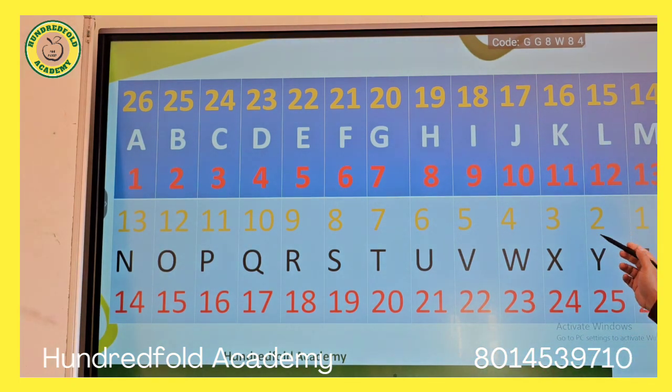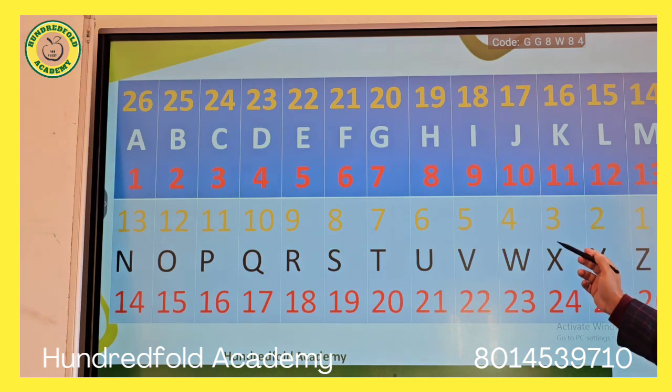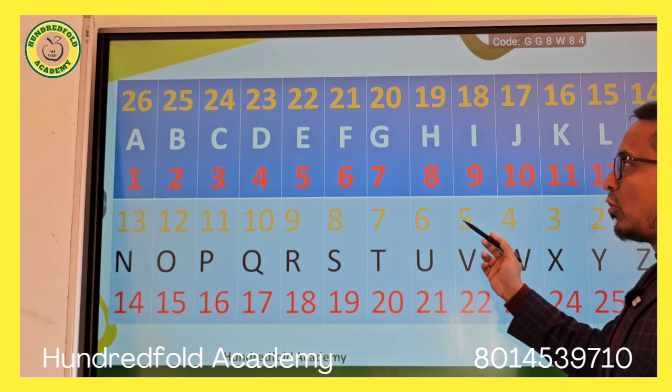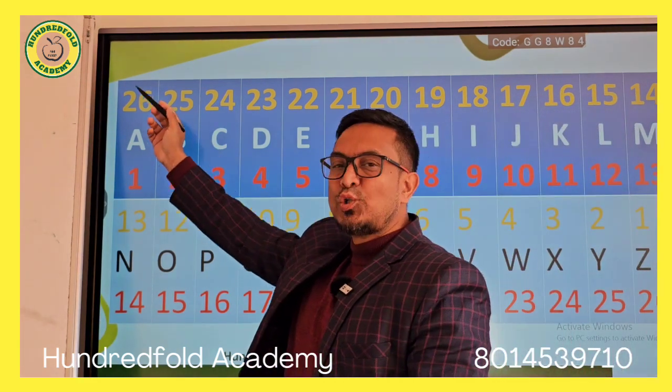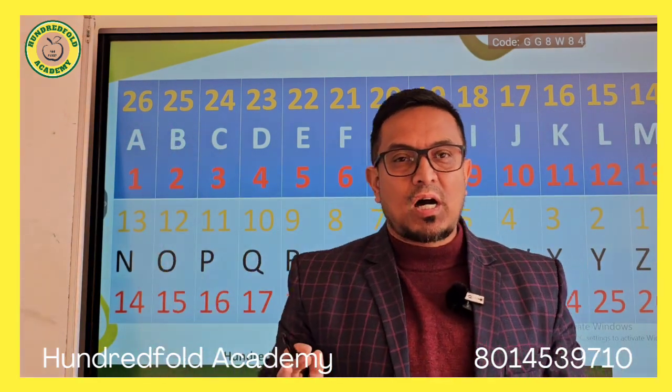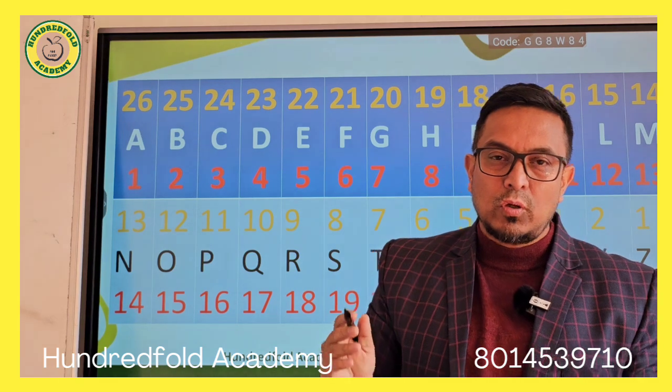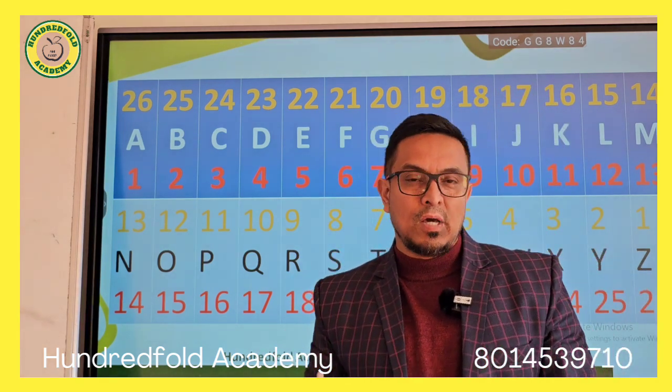Also reverse: Z is 1, Y is 2, X is 3, W is 4, and it goes to A, 26. With this chart, you'll be able to solve many of your coding-decoding questions.